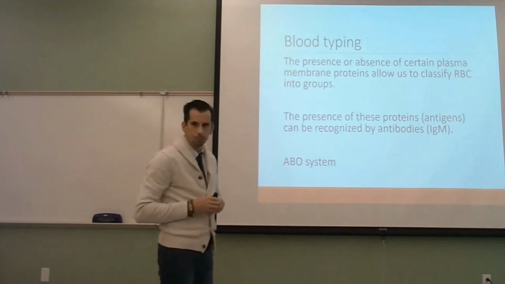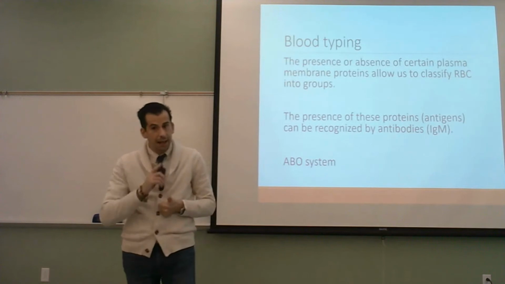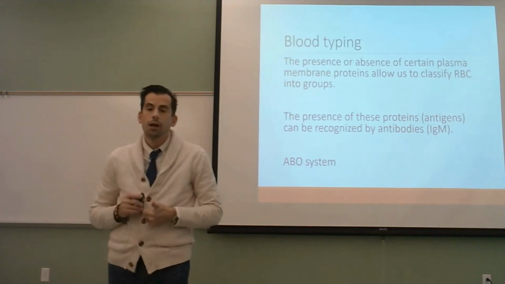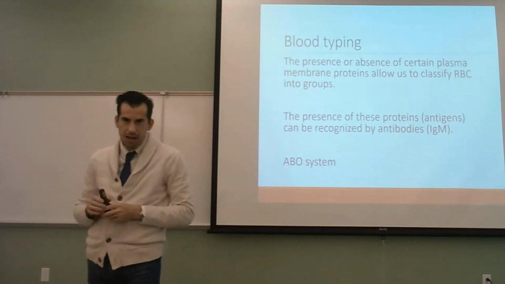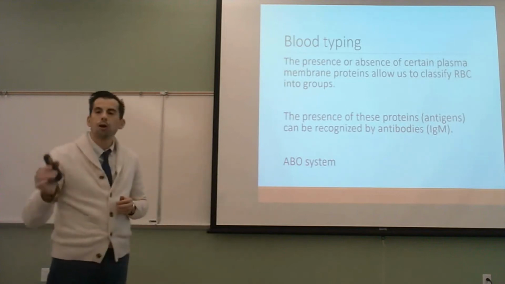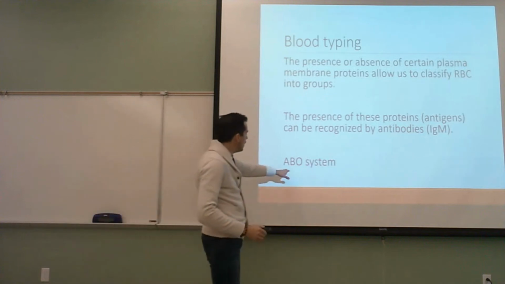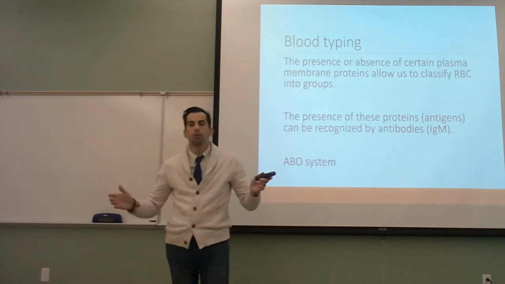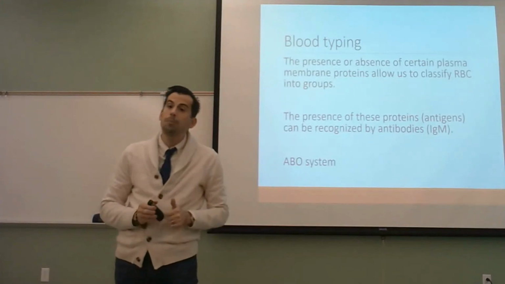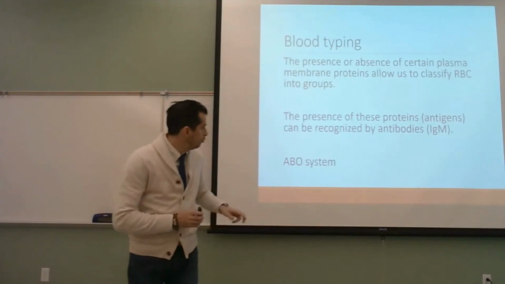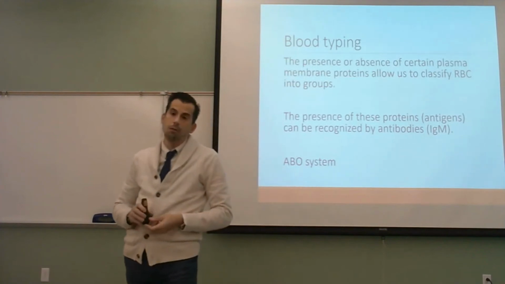Those are antigens. We have the A protein, the A antigen, and we have the B protein and the B antigen. And based on the presence or absence of those combination of proteins, we get our ABO system. If you know your blood type, it may be A, it may be B. If you're type A blood, it means you have the type A antigen on your red blood cell.